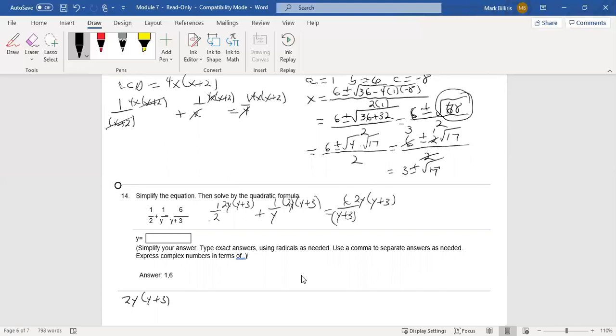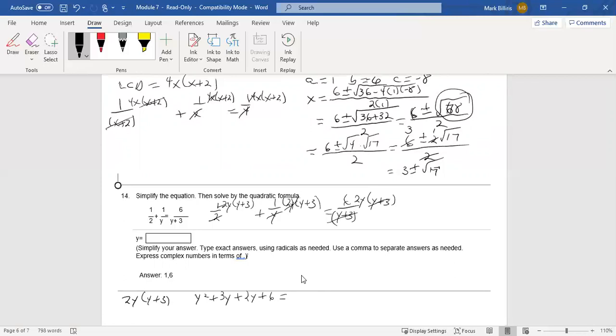So for the first, the 2's reduce, and that leaves us y times y plus 3, which is y squared plus 3y. In the second term, the y's reduce, and that leaves us 1 times 2, which is 2, and we distribute the 2 times the y plus 3, and that gives us 2y plus 6 equals, in this case, the y plus 3's reduce.